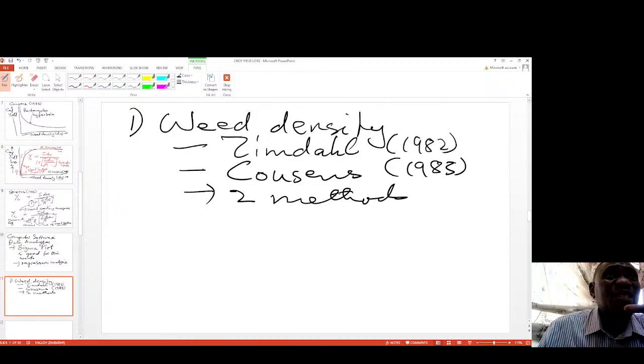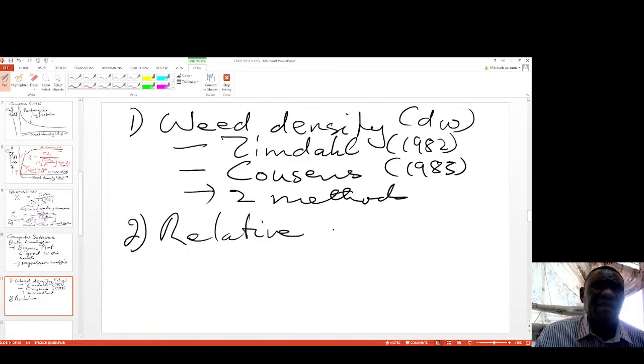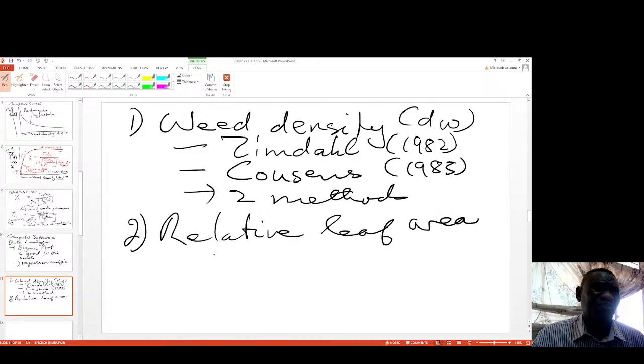Now, there are scientists who think that probably weed density could be difficult to work with. So they have suggested this is DW, relative leaf area, which is represented by LW.